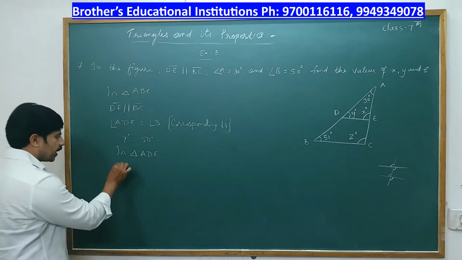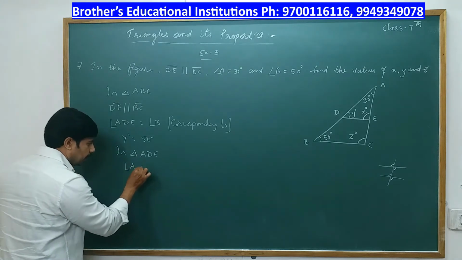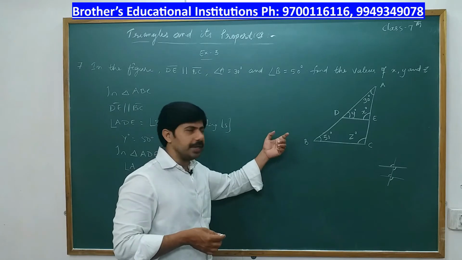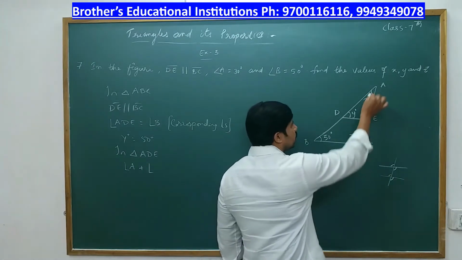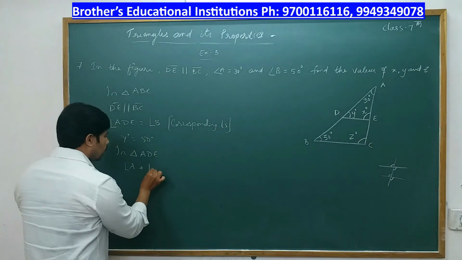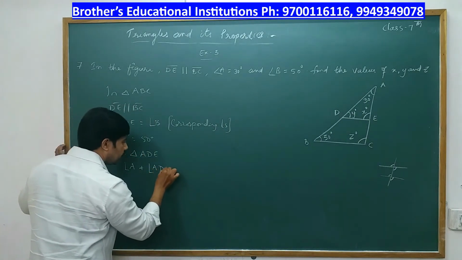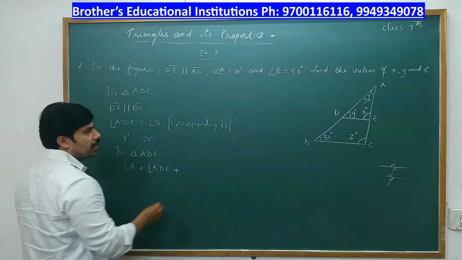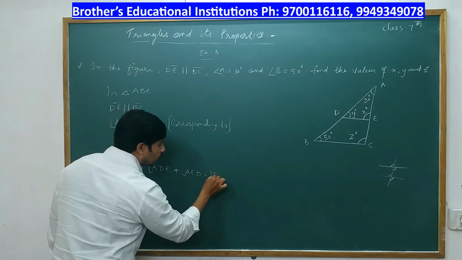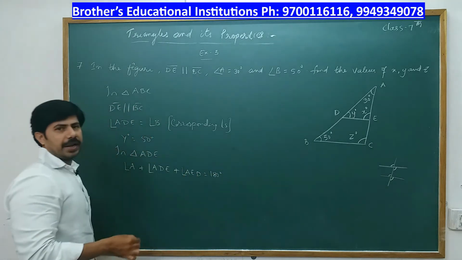So that is angle A plus angle D. But which angle D? In triangle ADE we need D. So in triangle ADE, angle D is nothing but angle ADE. So I'll write angle ADE plus angle E, angle AED, is equal to 180 degrees.